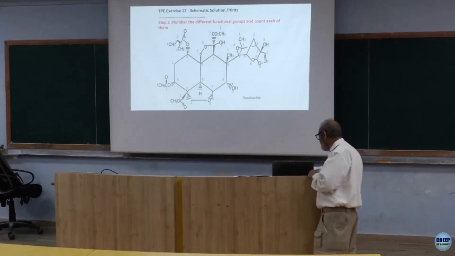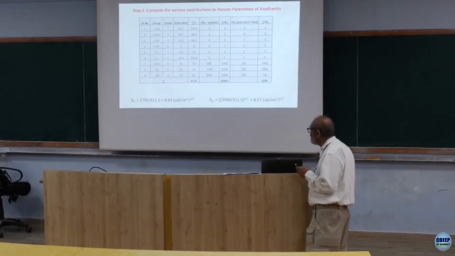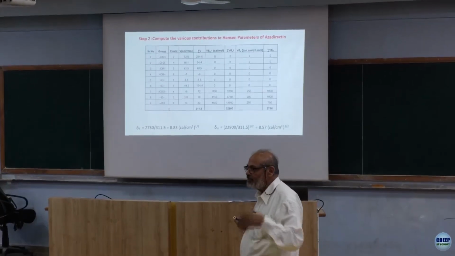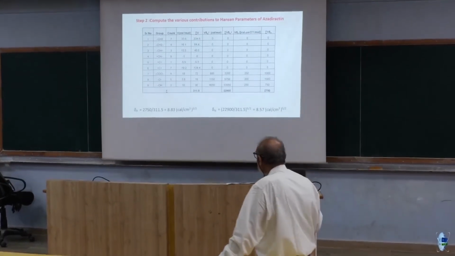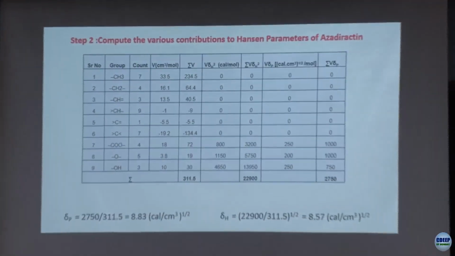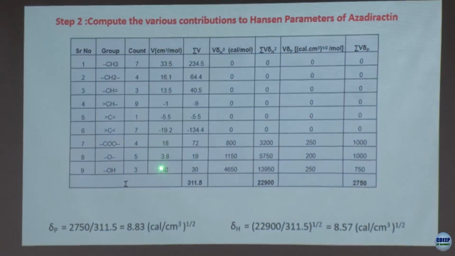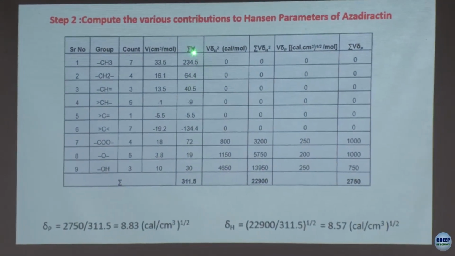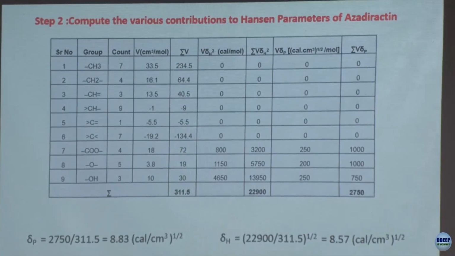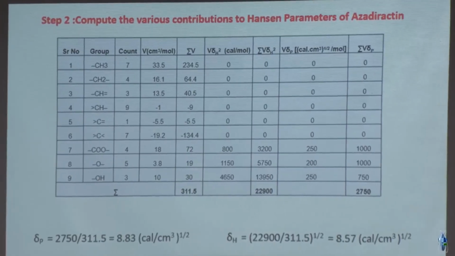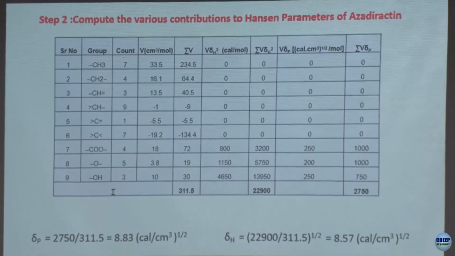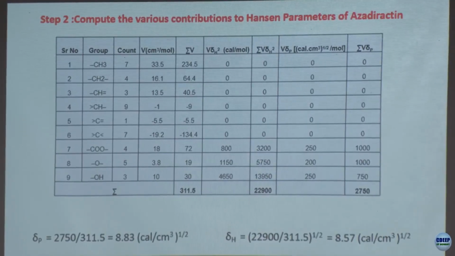What I will do is, I will show you the rough answers. Okay, you can see this is how the groups have been counted. Their total volume is counted, and generally this volume is estimated from the density at the boiling point for a given concentration.